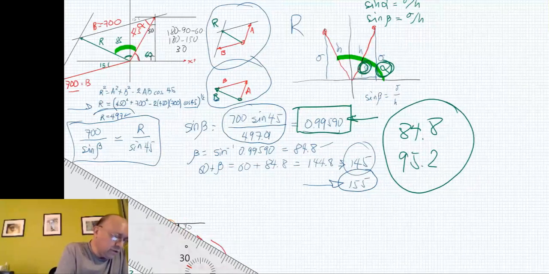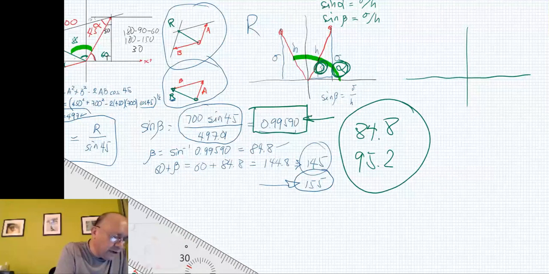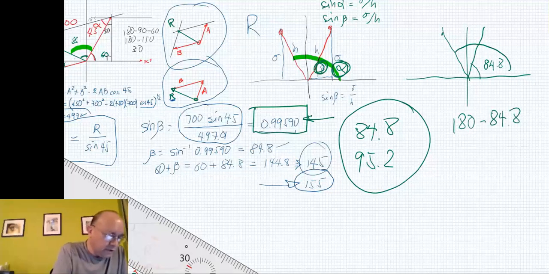So the way you get that is because the problem is that your calculator gives you the angle on the first quadrant. So if you want to get the other angle that is on the second quadrant, you have to do 180 minus 84.8. So that's how you get the 95.2.